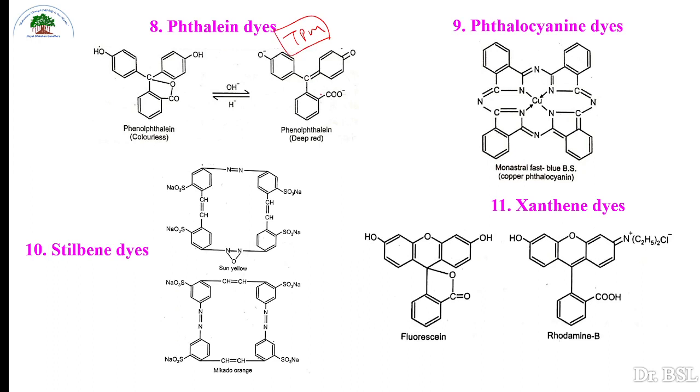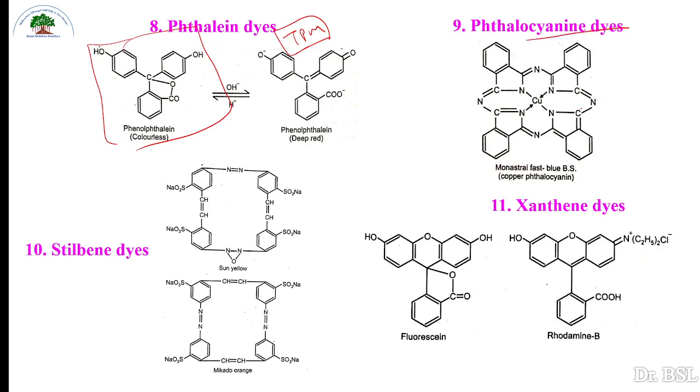But here, this phenolphthalein is the special structure which is synthesized by reaction of phthalic anhydride with two molecules of phenol in presence of acid.